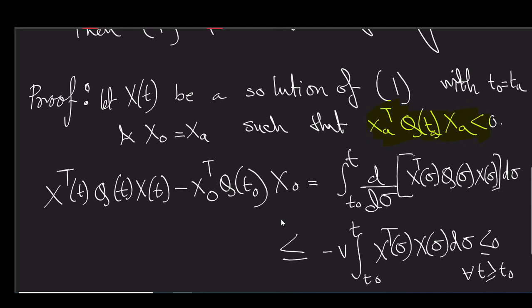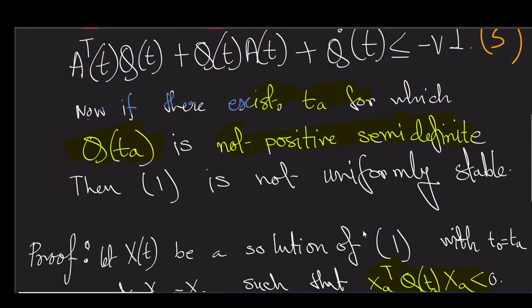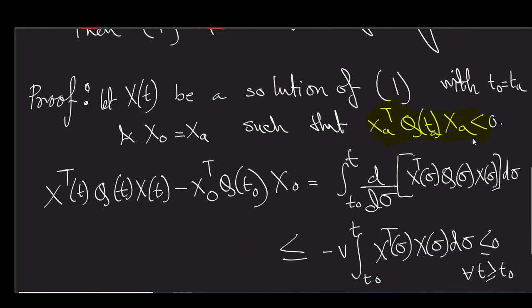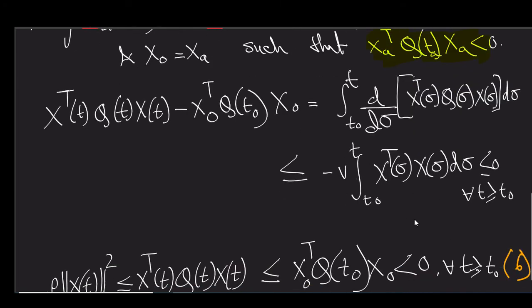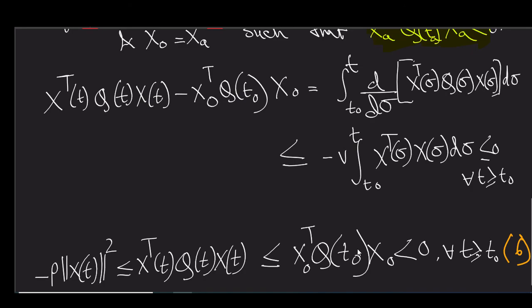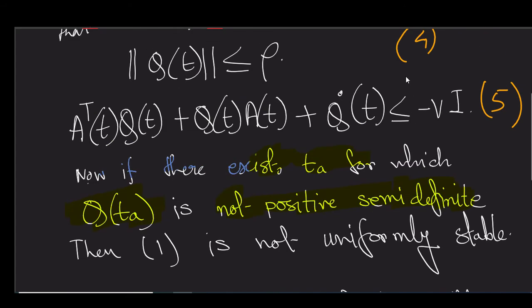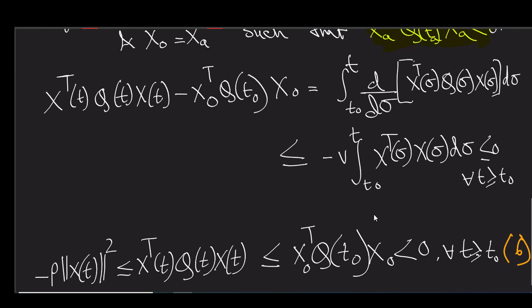So if that gives us the notion of uniform stability for a linear system, then what we can see is this is equation 5. From equation 5 we get this expression where v is a positive number, and as a consequence of equation 4, we will get minus rho xt squared is this.